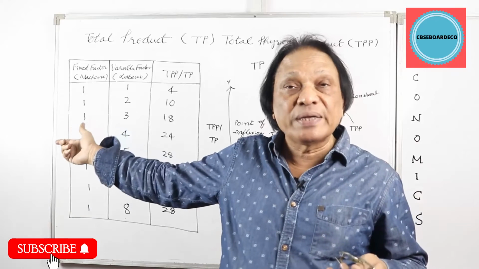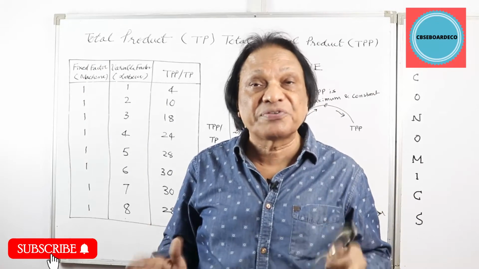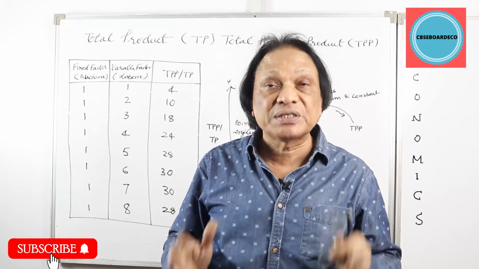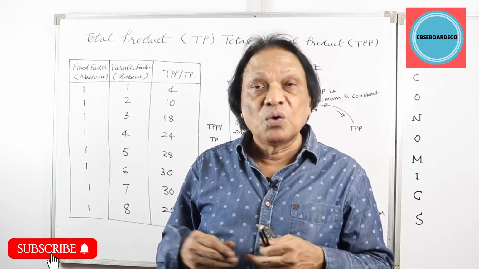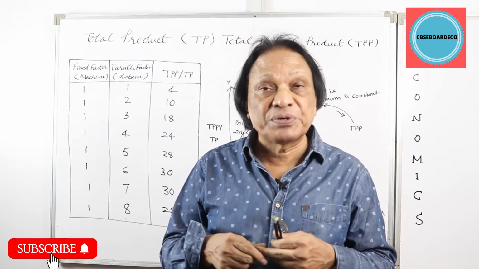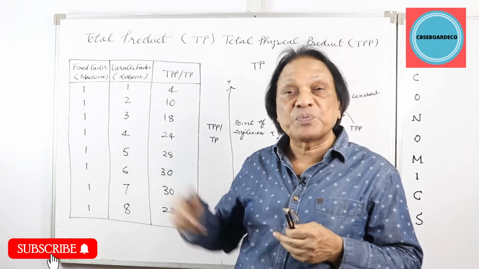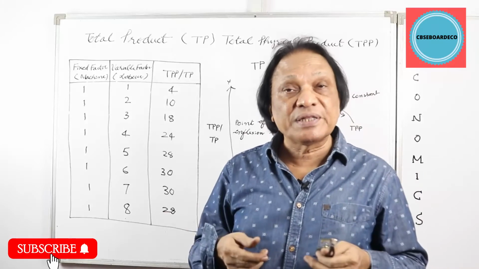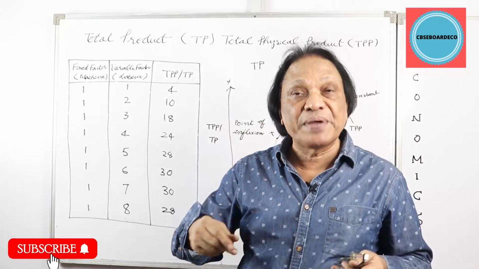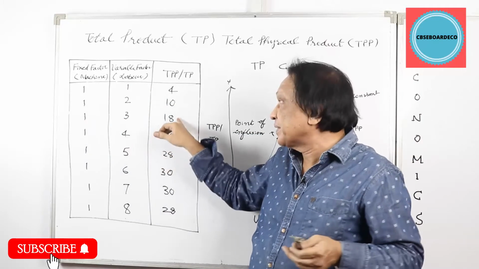The machine is 1. As we go on increasing the variable factor labor, 1, 2, 3, 4, 5, 6, 7, 8, let's see what happens to total product. When you engage the first laborer on the fixed factor machine, the firm is producing 4 units. When you engage another laborer, 2 laborers, the firm is capable of producing 10, of course with the fixed factor machine.